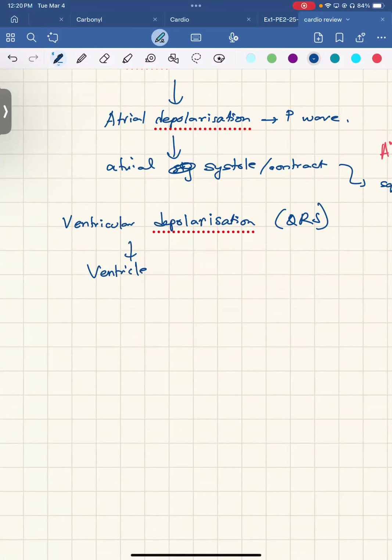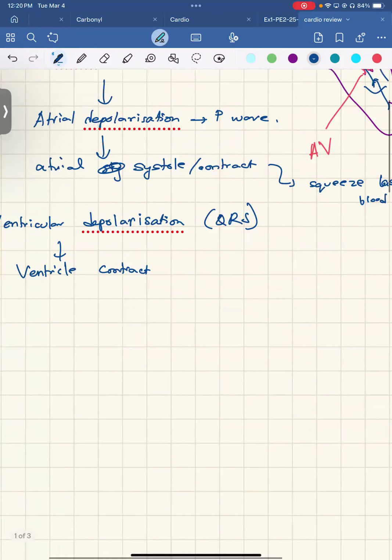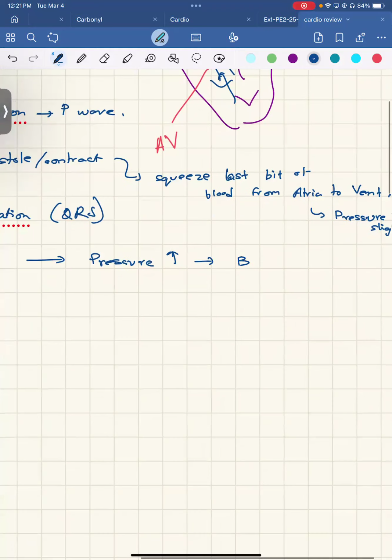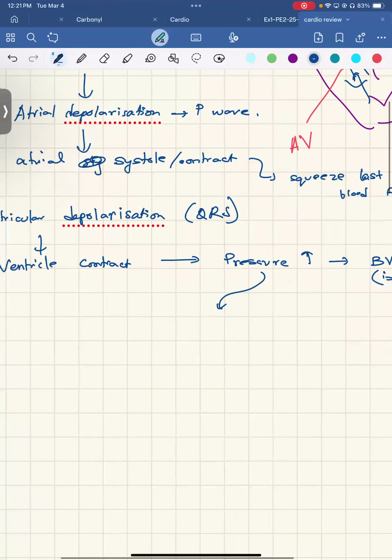And that makes the ventricle contract, which would do what to the pressure? And does anything happen to the blood volume yet? It's still isovolemic, so blood volume would not change. Now the pressure has increased enough to open the valves, right?